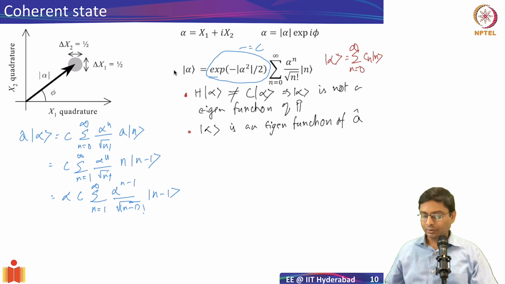By putting n equal to n plus 1, I'll immediately see that this is nothing but the coherent state, right? C into, if I put n equal to n plus 1 and it's going to infinity, it doesn't really matter whether I call it 0 or 1. It's just a change of variables.